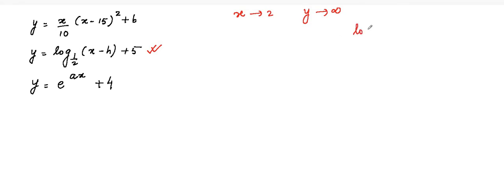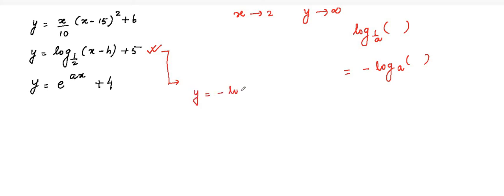Now, log 1 by a, something in the bracket, can be written as minus log a and then something. So, this is one of the rules of the logarithm. You can use this one. Let's simplify this equation. This will look like y is equal to minus log 2 (x minus h) plus 5. Take this 5 this side.